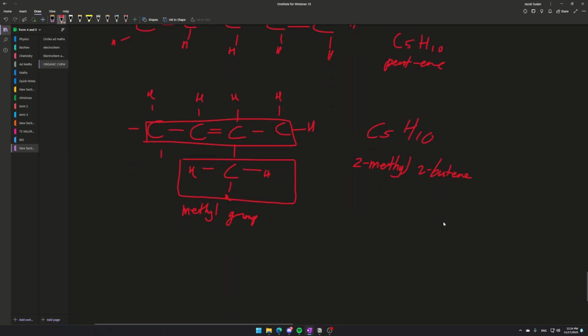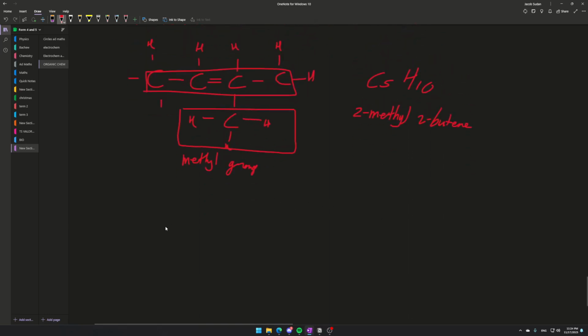Right. Now, careful not to mix yourself up, because this is the same thing. This is the same thing. This is C2. Yeah, it's the same thing, right?